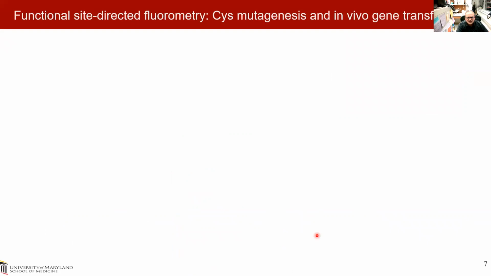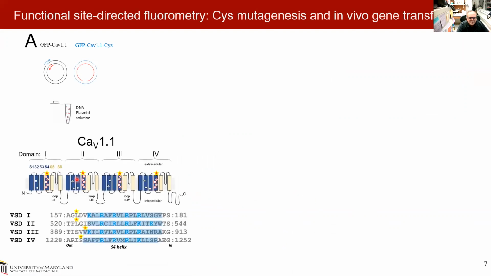Having characterized the charge movement trajectory during an action potential, next, we use functional site-directed fluorometry to track the movement of each voltage sensing domain. First, we utilize site-directed mutagenesis to introduce cysteines at the extracellular region of each S4 in CaV1.1.